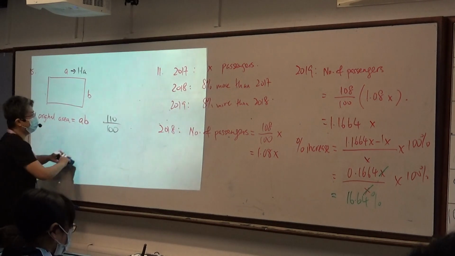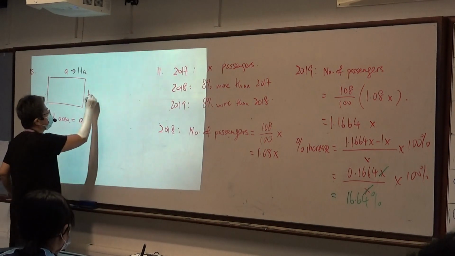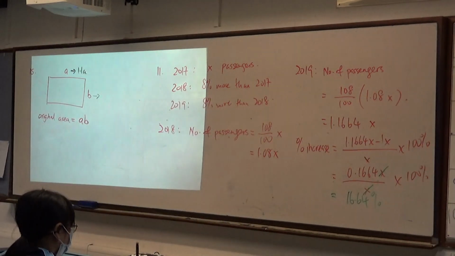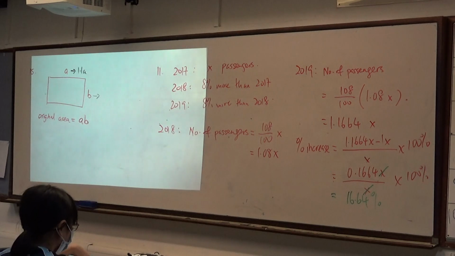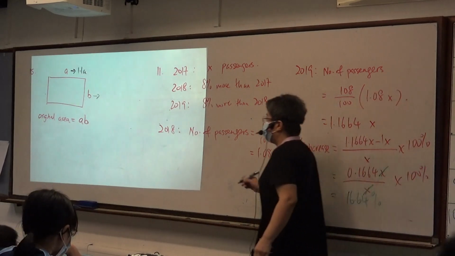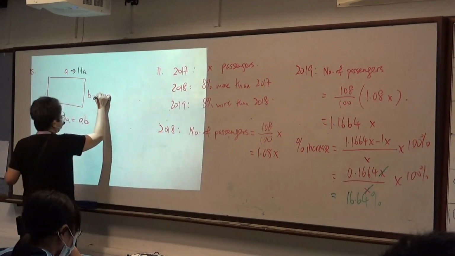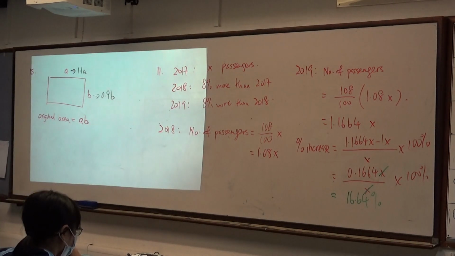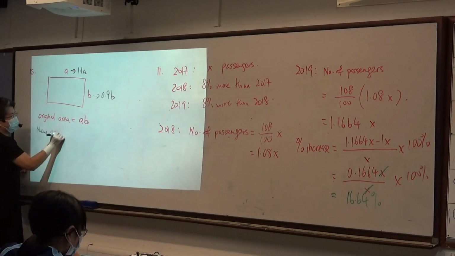Now, what happens to the breadth? Decreased by 10%, so it becomes 0.9 B. Everybody clear? Can you work out for me what's the new area?